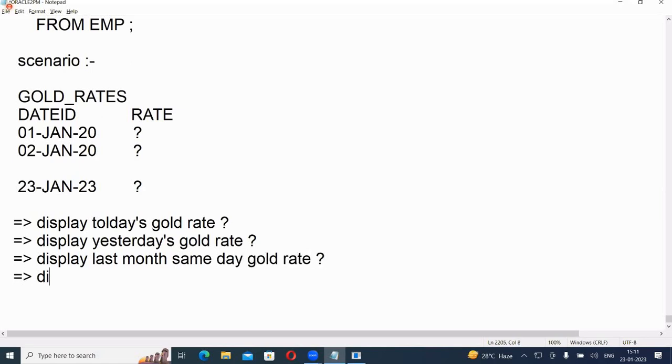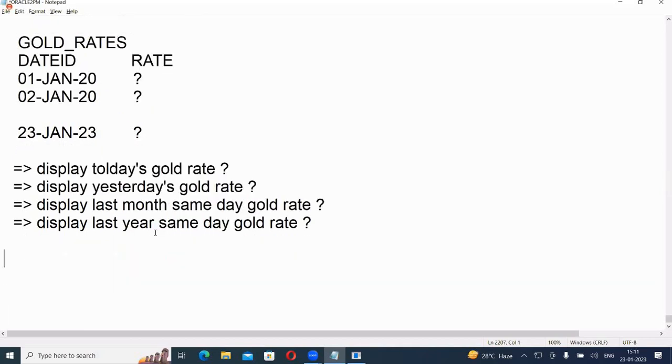Next one, display last year same day gold rate. Today's, yesterday's, last month same day, and last year same day gold rate.